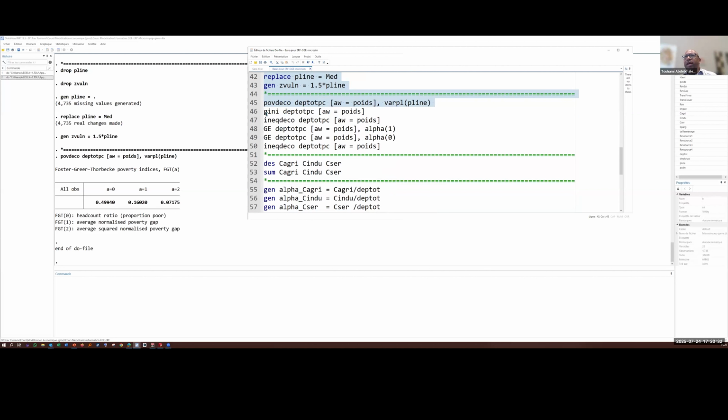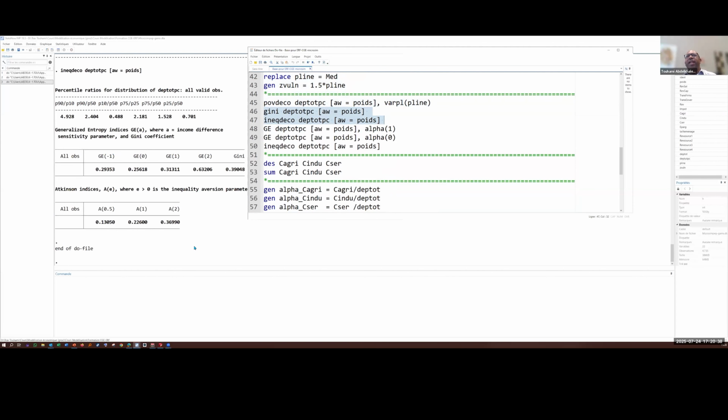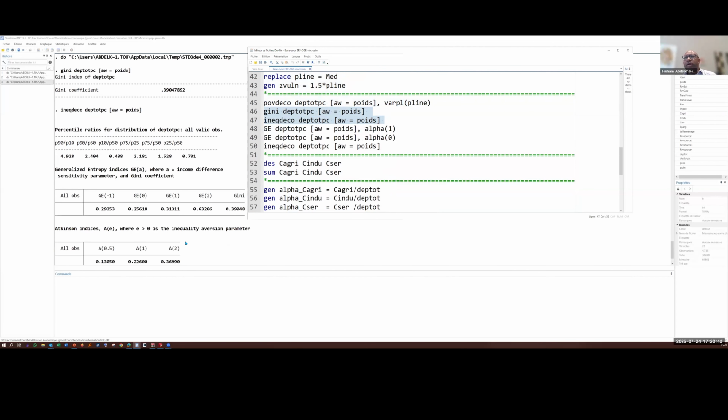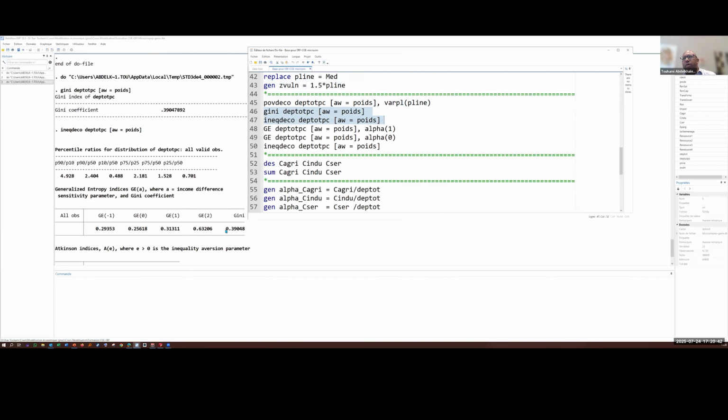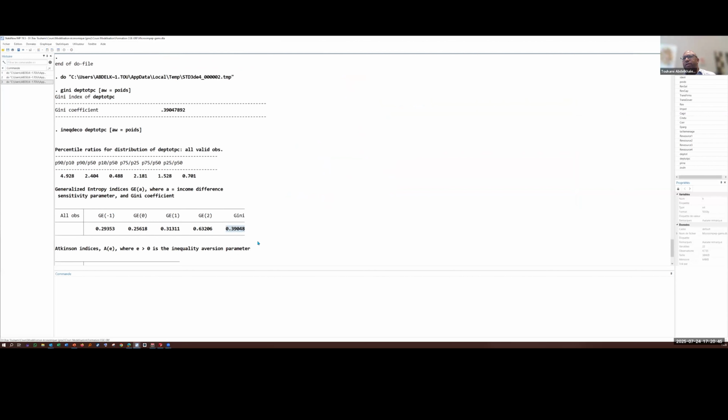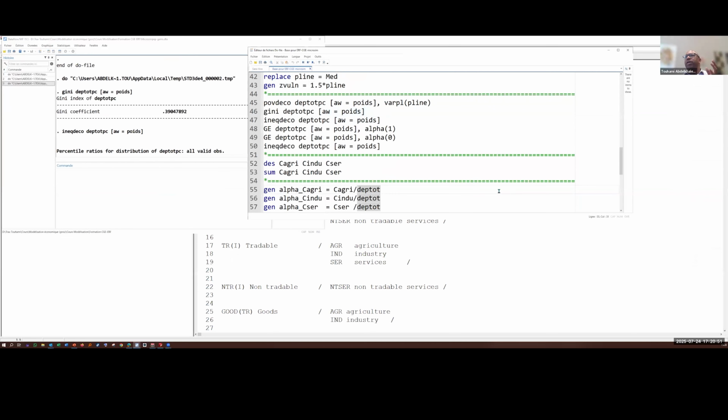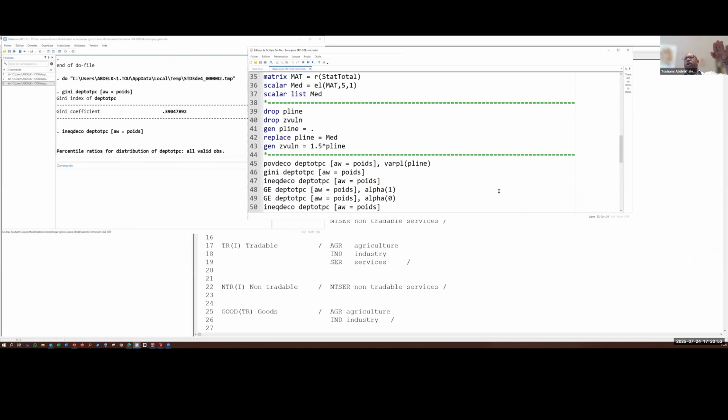And in the reference situation, we can calculate the Gini index, Theil index, etc. For this situation, here we have the Gini index. Okay, this is what we have in the reference situation.